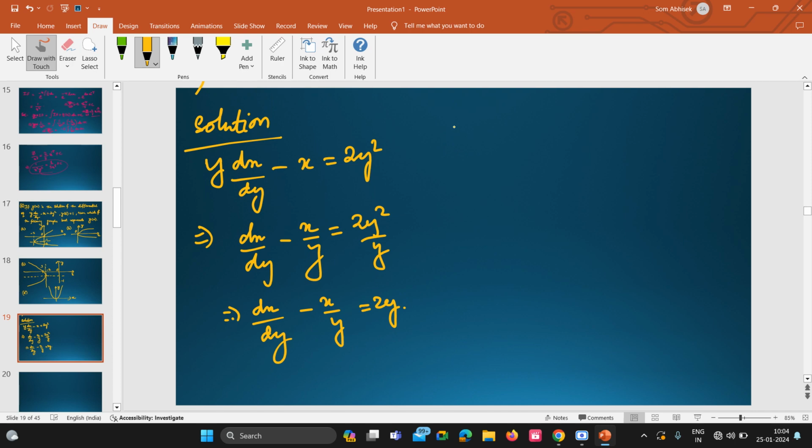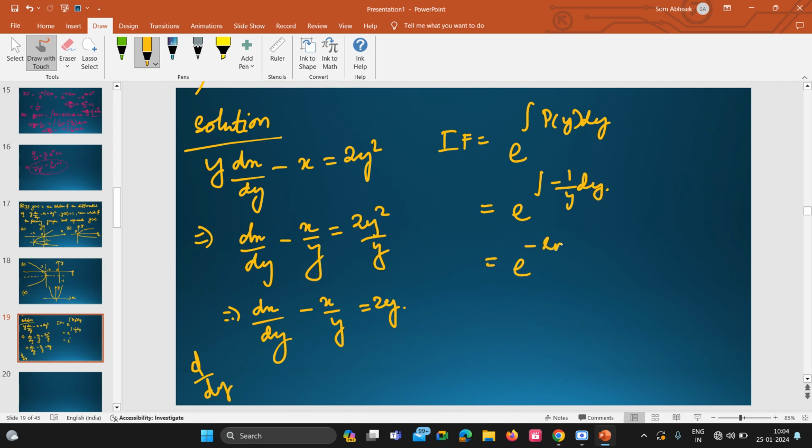So here integrating factor will be what? See, this is an equation in dx by dy. So integrating factor will be e to the power integral P(y) dy, e to the power minus 1 by y dy, so e to the power minus ln y, that is 1 by y.